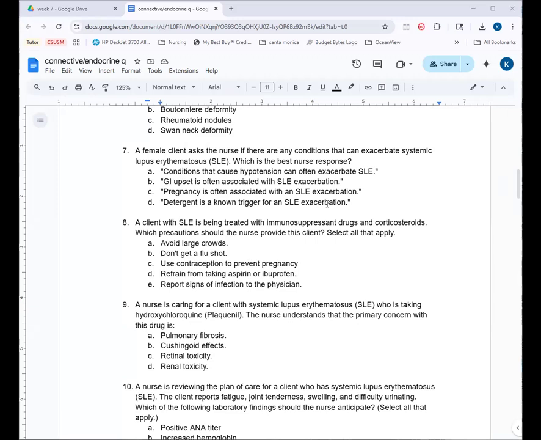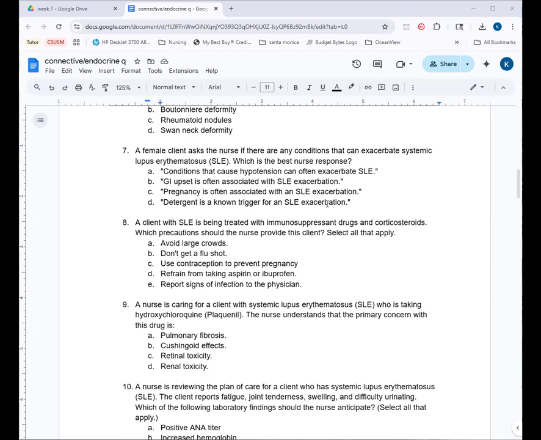All right, known triggers. Any known conditions to exacerbate? All right, anyone else for number 7? Cool beans. All right, so for number 7, C is the correct answer.